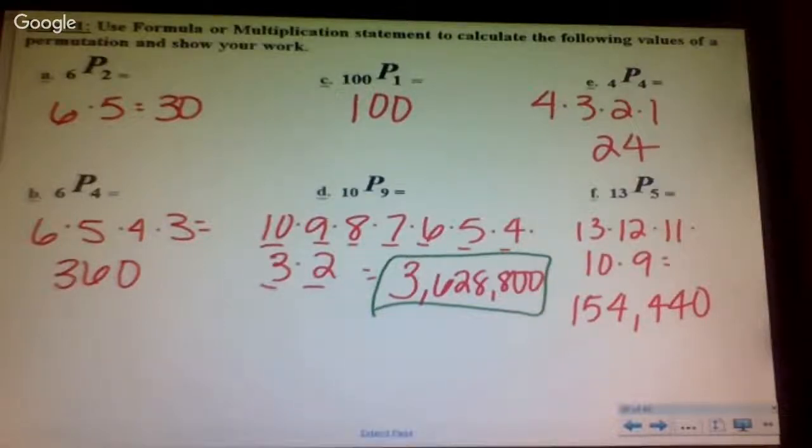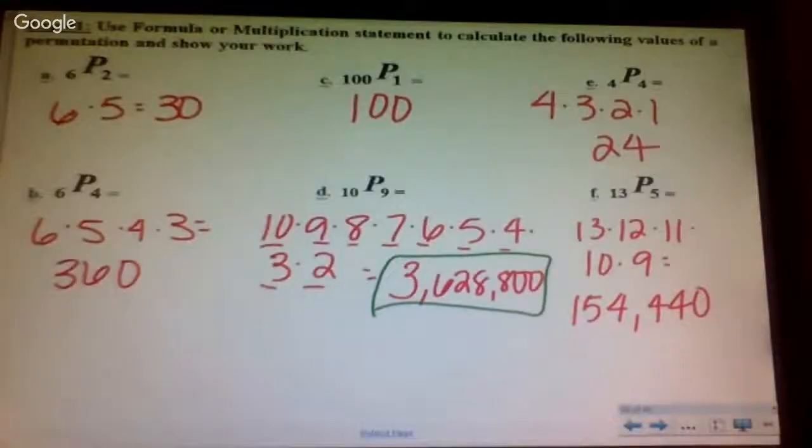No. Okay, it's choice number 2. See where it says nPr? I already put 10 in, so hit that. And then you would type in 9 and hit enter. Okay? You can always check yourself in the calculator and make sure it's correct.